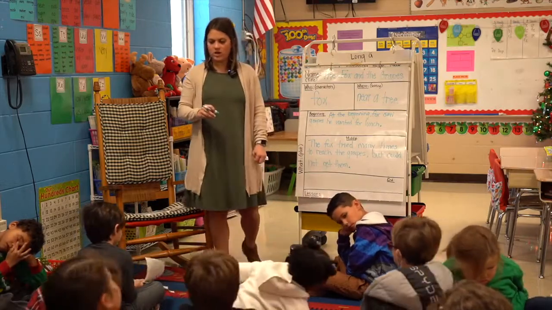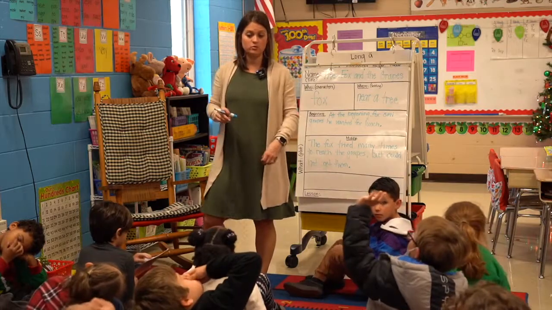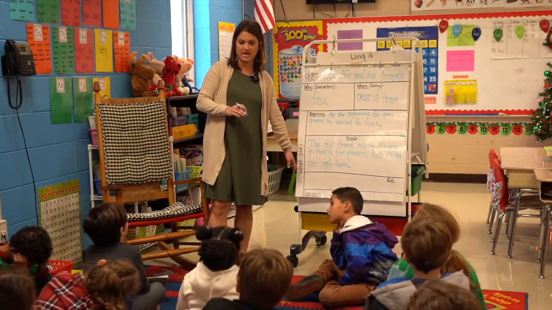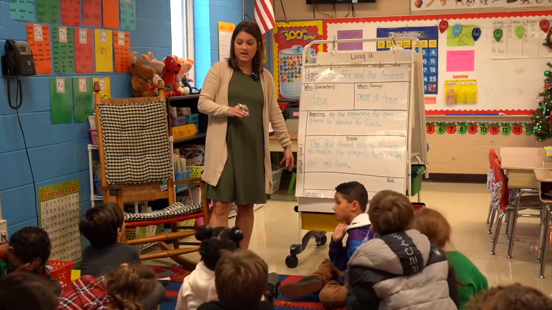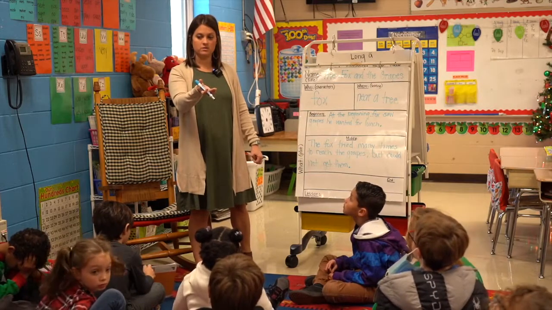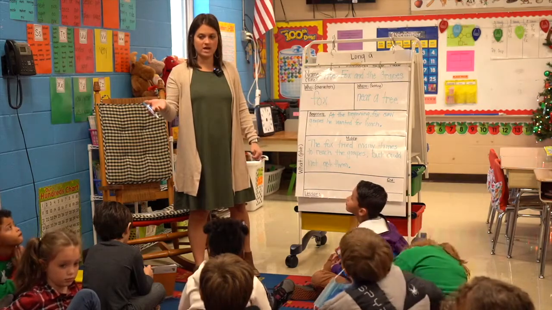Okay? So I did hear someone say he gave up. So maybe we could write, you know how we wrote at the beginning? Maybe we could write for the end, we could say at the end, the fox what? Gave up. And what? Didn't say he walked away.